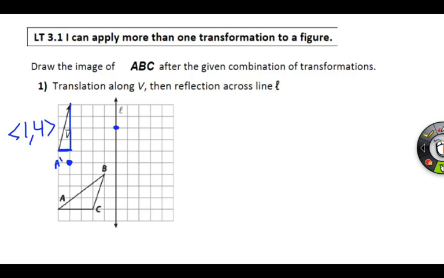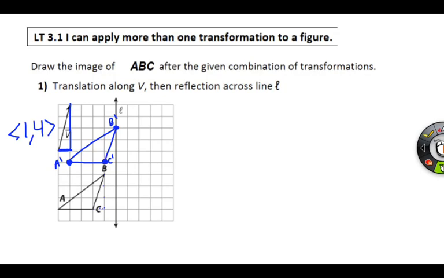So this is where B prime would be. Same thing with C: over 1 and up 1, 2, 3, 4. So this would be C prime. This would be the result after the first transformation.